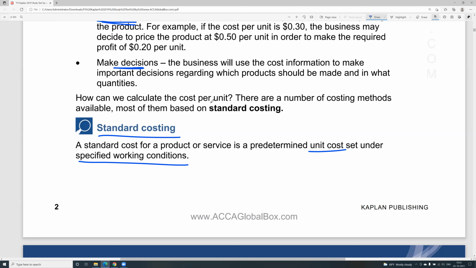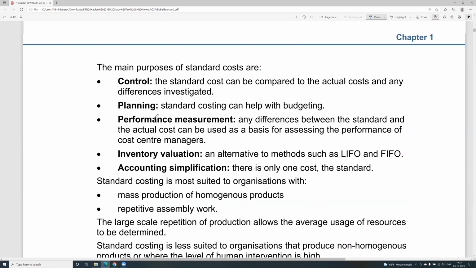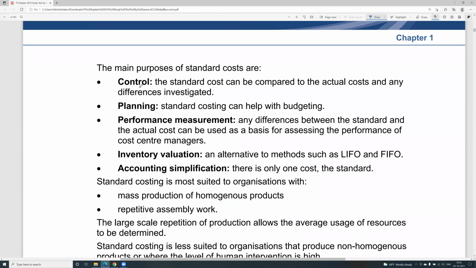It's what is possible, what this can be the cost, based on some calculations you do. The main purposes of standard cost are control, planning, performance measurement, inventory valuation, and accounting simplification. Your standard cost will be helpful for this.